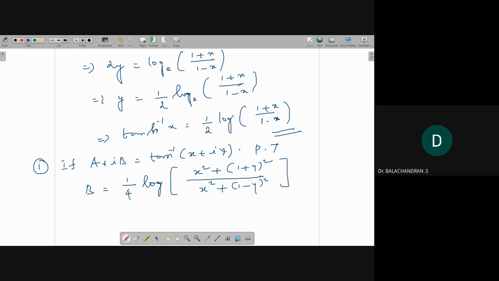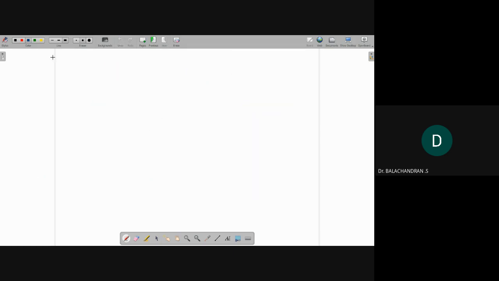So already you know the real and imaginary part of tan inverse of x plus iy. So please refer to your note and tell what is a.